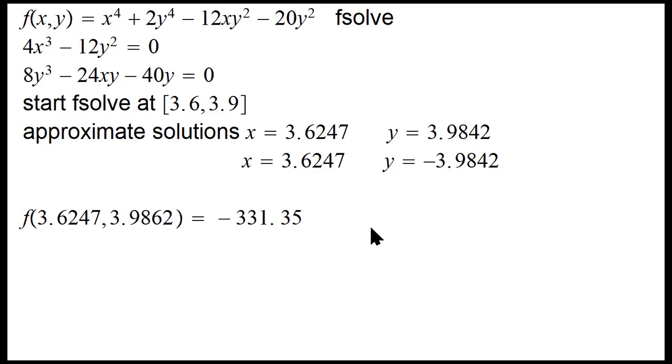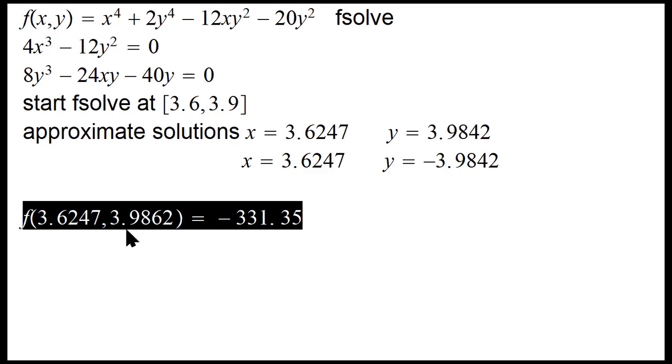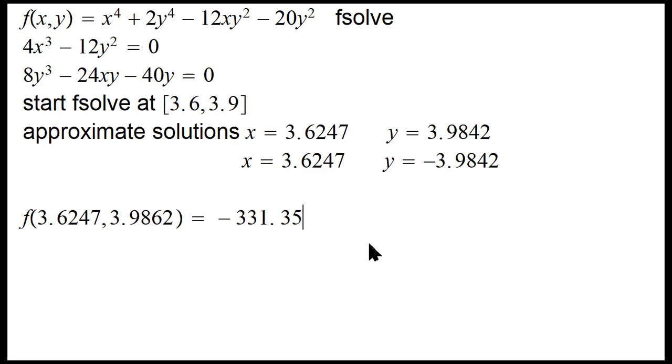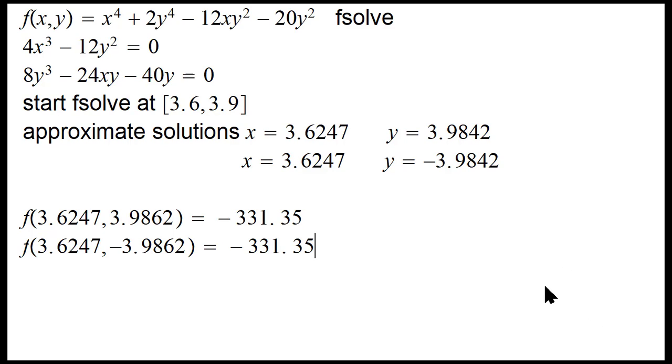That will be negative 331.35. And of course, we saw in the figure that they were symmetric. So if we add a negative here, still it will be approximately the same. Yeah, it is actually the same. All right. So we got a saddle point and two absolute minima here.